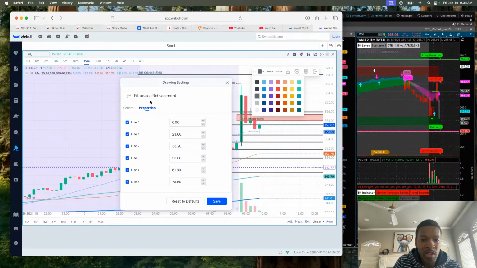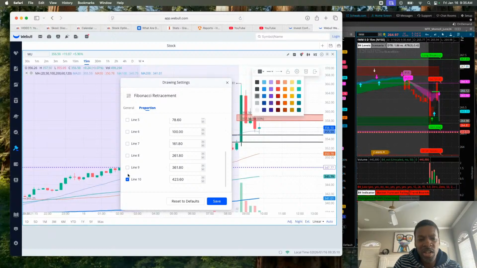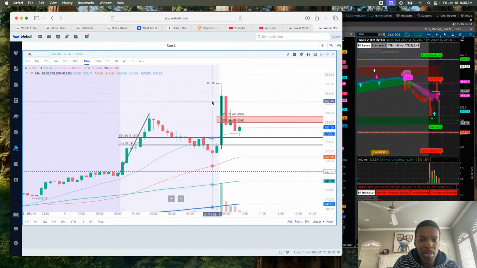So with the Fibonacci retracements, the levels that I care about is the golden pocket. So that's the 50% level and the 61.8. The rest of the lines I can just delete to clear up the screen a little bit. And as you can see, we came down right here and we immediately popped up from that level.